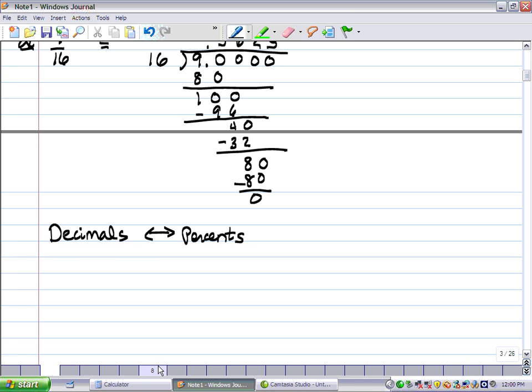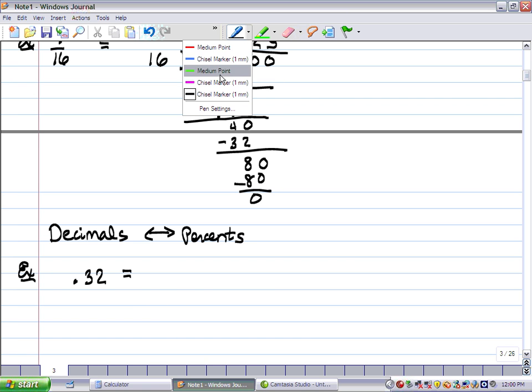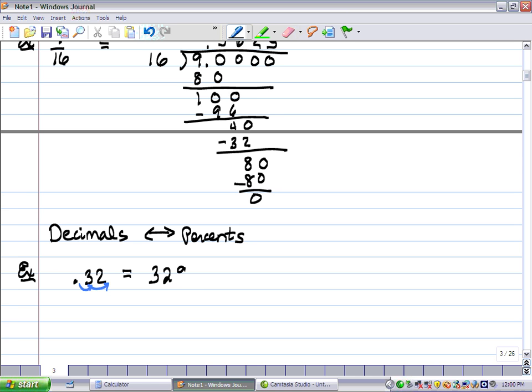So to convert percents and decimals, we're simply going to move the decimal places. So if I have 0.32 and I want to change it to a percent, I just need to move my decimal 2 places to the right, giving me 32%.